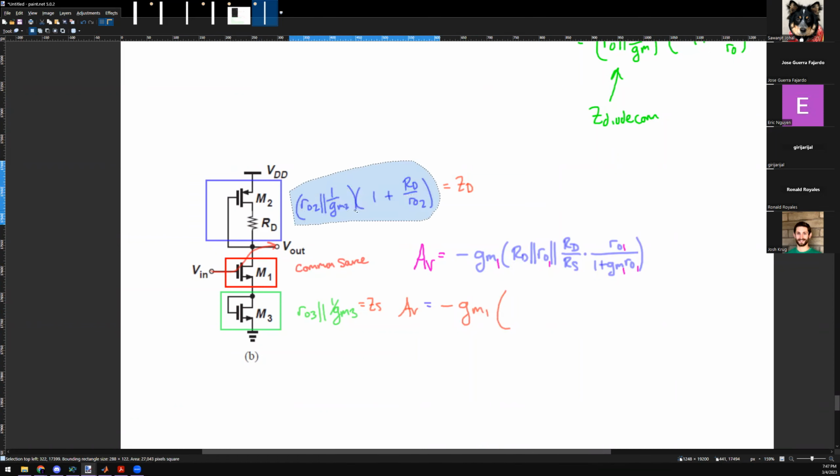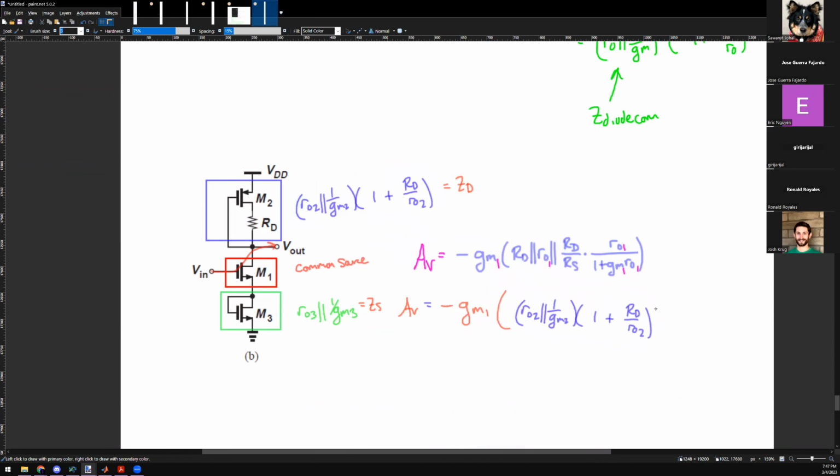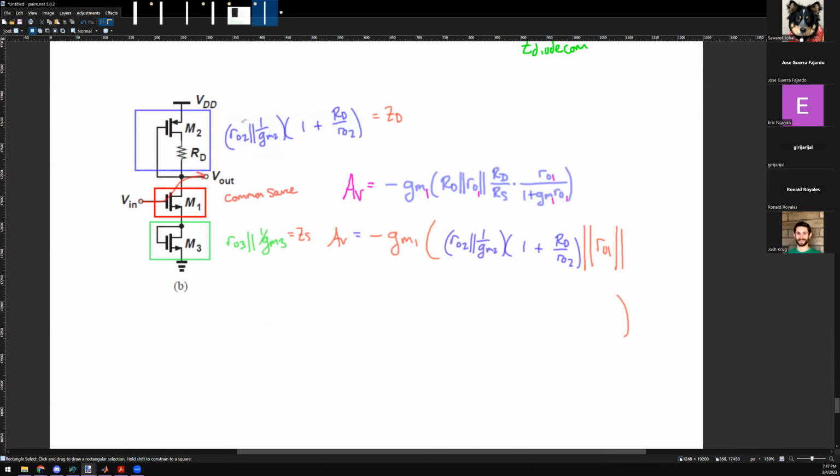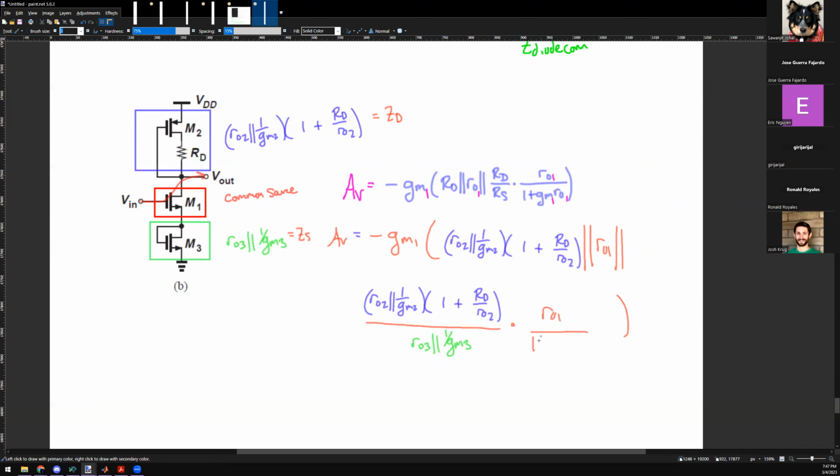We can say that is RD parallel R not 1, with R not 1 inside here in parallel with RD, divided by this, times R not 1 over R plus 1 plus GM1 R not 1. Okay, any questions?